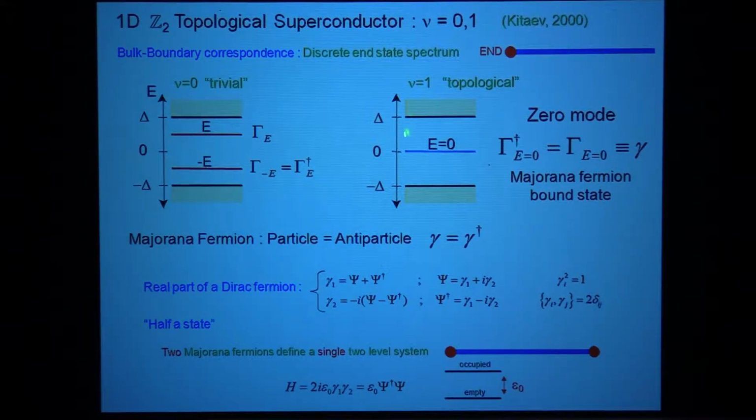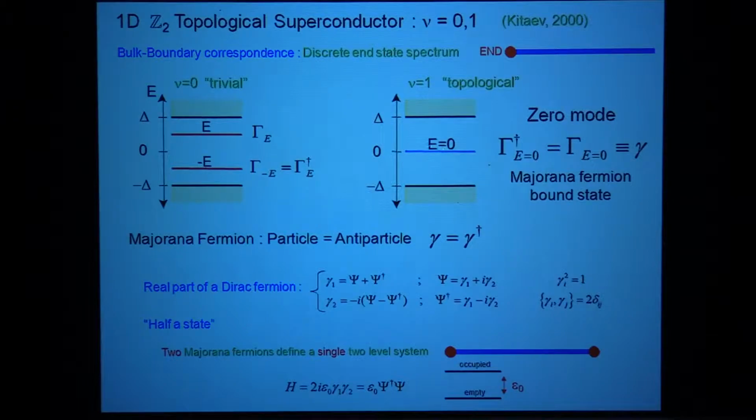Depending on what the Hamiltonian at the end is, you might have these end states. But because of this intrinsic particle-hole symmetry, if you have a state at energy E, then it has to have a partner at energy minus E.